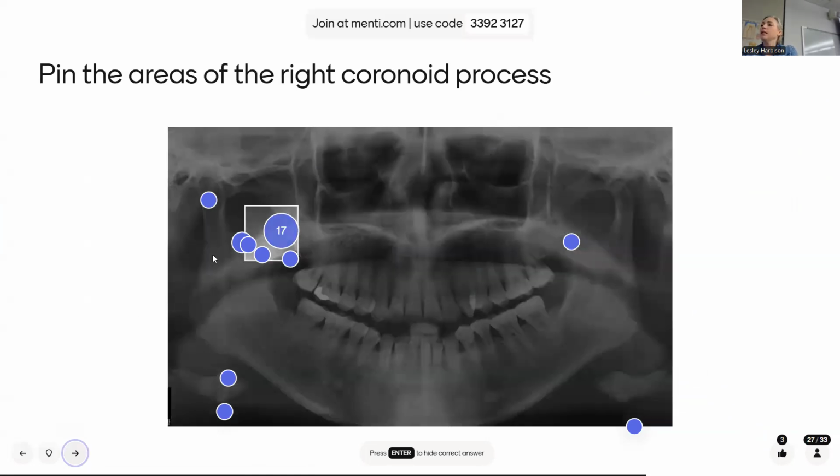Yeah, so right in here, we've got the coronoid process. Over here, we could see it as well. It's overlaid with that soft tissue. And then mandibular notch, condyle.